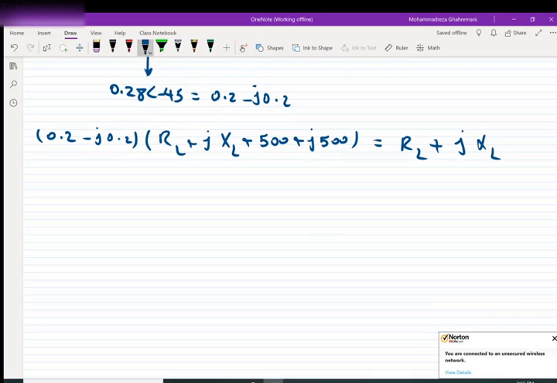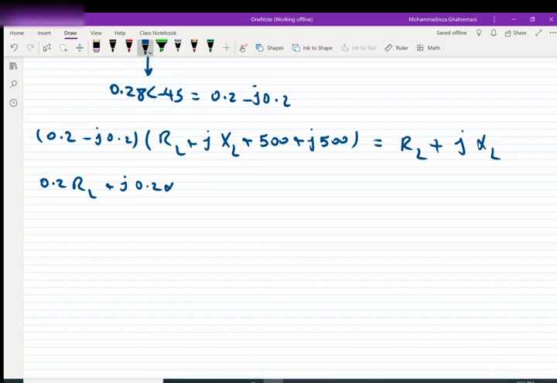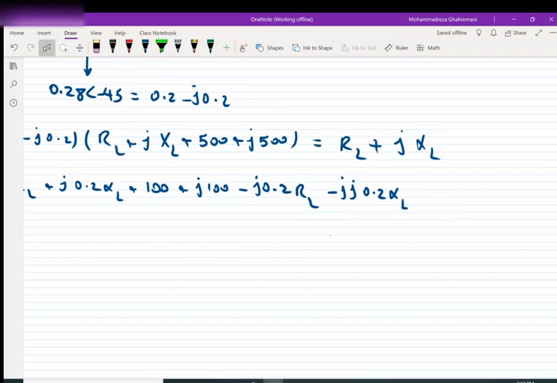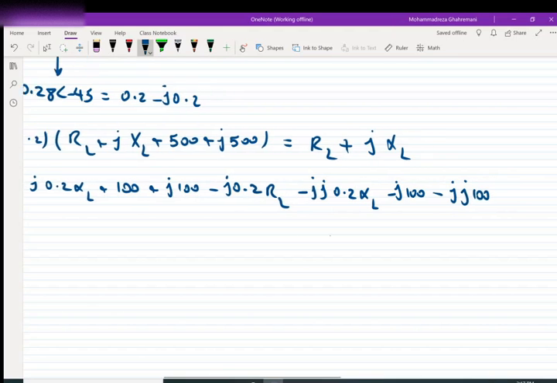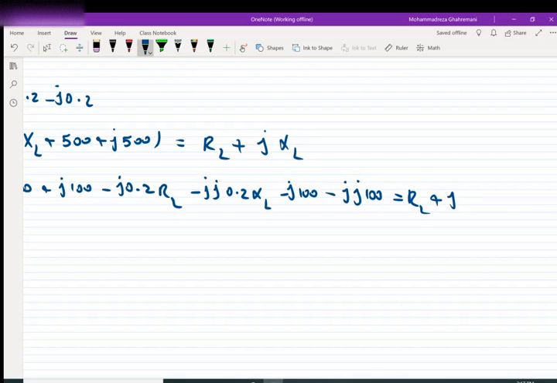Now let's multiply these two parentheses together and see what we have. We will have 0.2 RL plus j0.2 XL plus 500 times 0.2, which is 100, plus j100, minus j0.2 RL, minus j0.2 XL times j, which gives minus j100 minus j times j100, is equal to RL plus jXL.